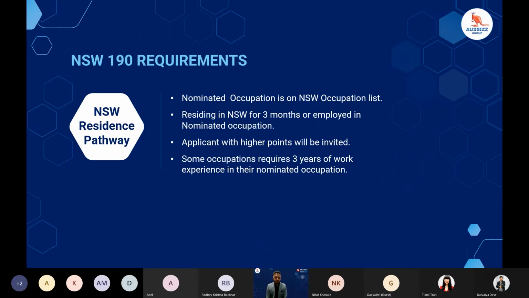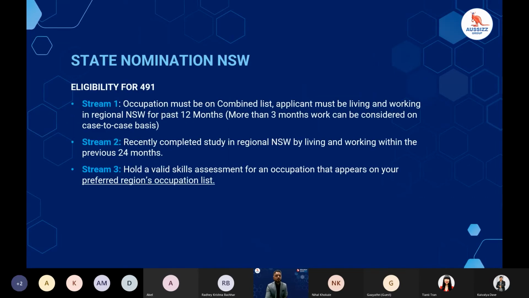If you're invited, you'll be required to submit all the documents that you claim points for to the NSW government. If they're satisfied, they'll approve your nomination and you will receive an invitation in your SkillSelect. Once you receive your invitation in SkillSelect, you can apply for the 190 visa through SkillSelect and then take it to your ImmiAccount. That's about 190 for New South Wales.